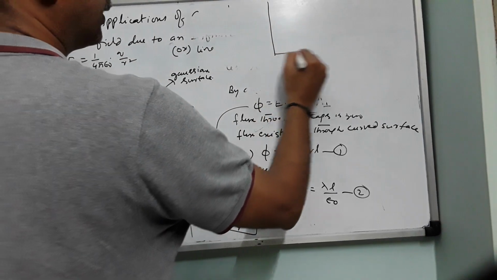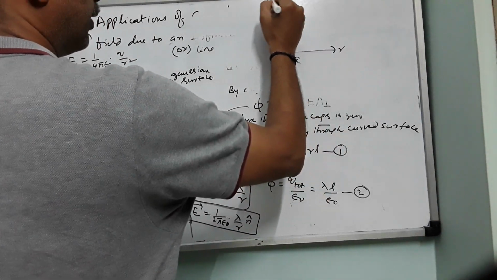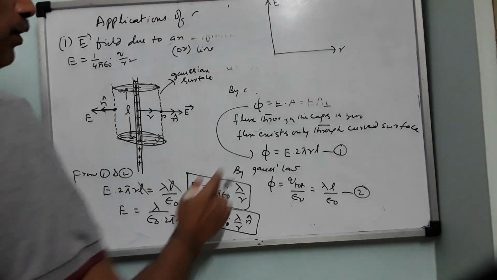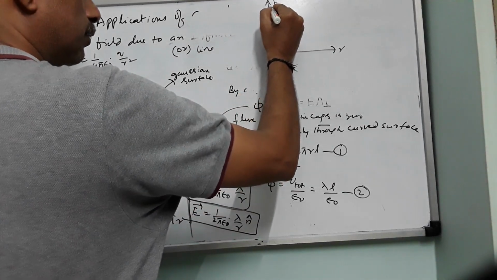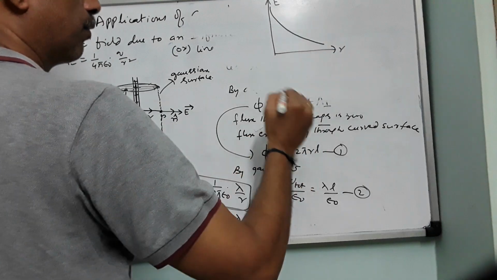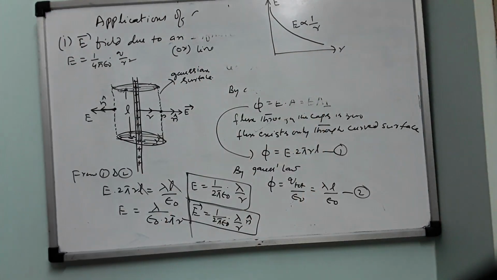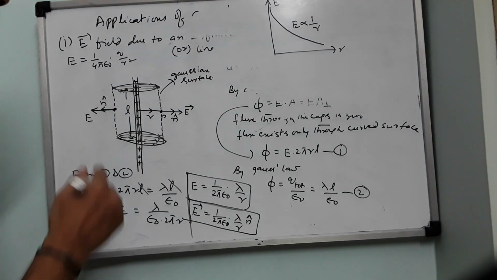R is taken on the x-axis, electric field on the y-axis. At R equals 0, E will be infinity. So the graph will start like this and it will go like this. So you write E proportional to 1 by R. It's a hyperbola. Okay. So very simple equation.